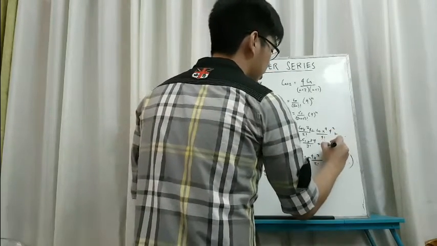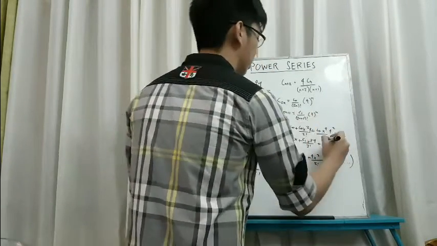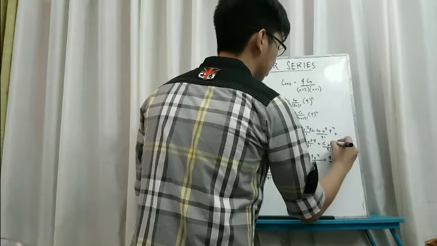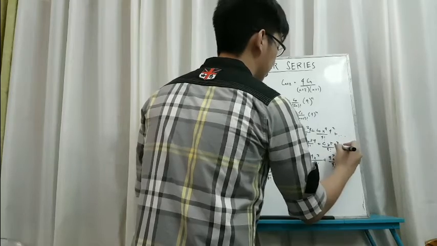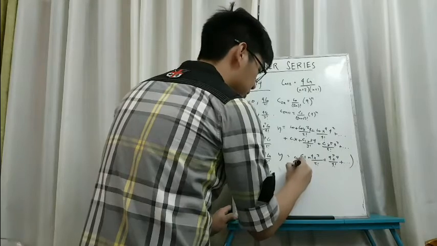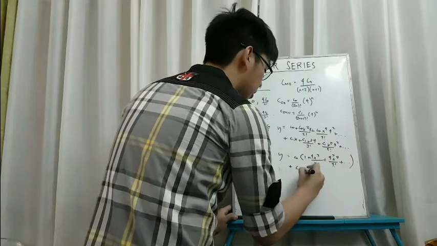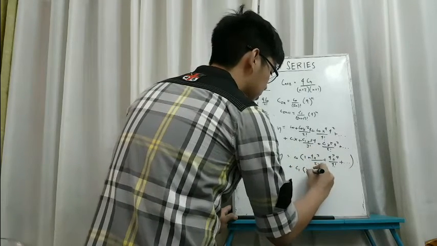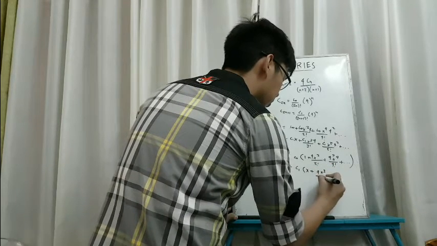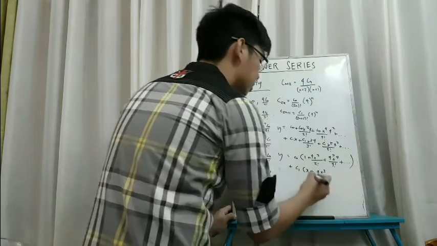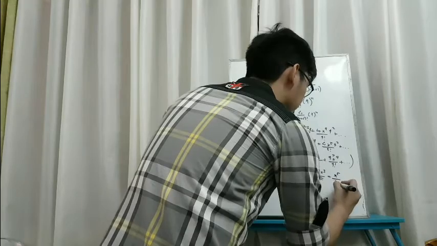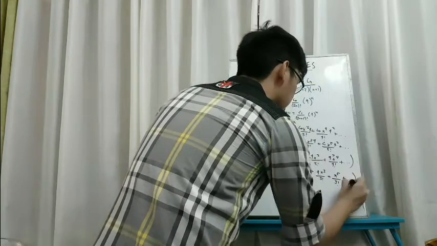At C5 there is x raised to 5, over 5 factorial times 4 squared, dot dot dot. So simplifying that would give us this plus C1 x plus 4 x cubed over 3 factorial plus x raised to the 5th power over 5 factorial plus dot dot dot there.